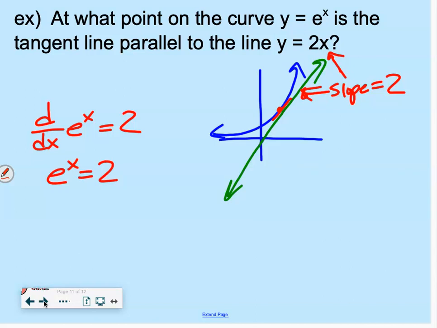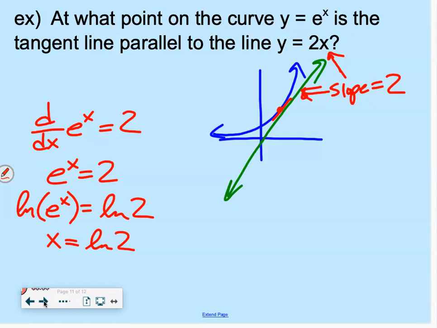You do need to be able to solve an equation like this. So personally, I take the natural log of both sides. I'm going to write it out, but eventually I want you to get comfortable with knowing that the natural log of e to the x is just x. So if you get e to the x equals 2, that means x equals ln 2. And that's your answer. Oh, and actually we want the point, so the x value would be ln 2.